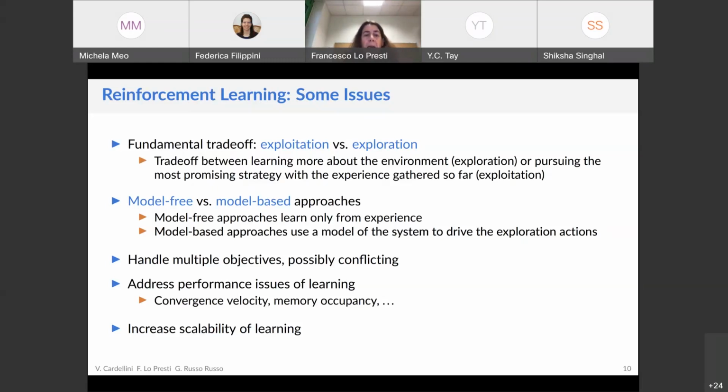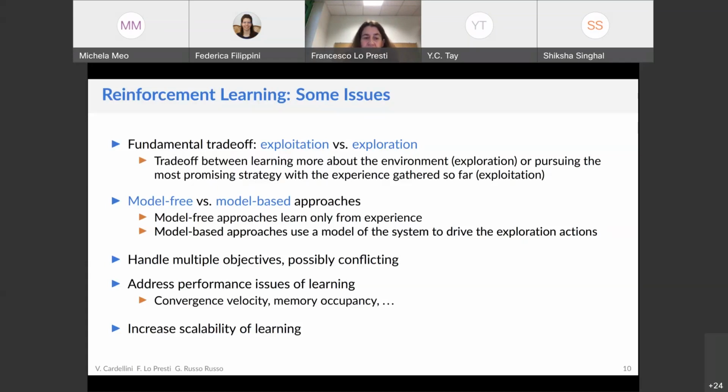And so we will first see later some model-free approaches, and then we will focus on model-based approaches. Then another issue that we will deal with during the tutorial is how to handle multiple objectives, because we will see that we will have different objectives that can also be conflicting between them.